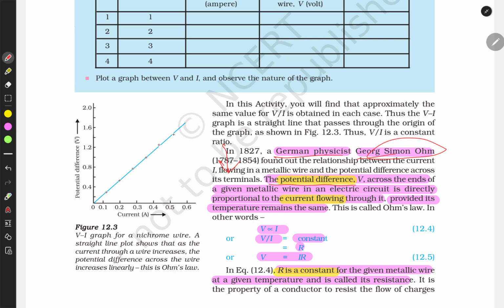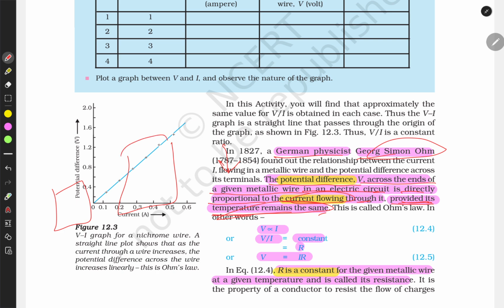What he says is that the potential difference across the ends of a given metallic wire in an electric circuit is directly proportional to the current flowing through it, provided its temperature remains the same. So it is saying the more the potential difference, the more the flow of current. I have already explained this with a water tank.